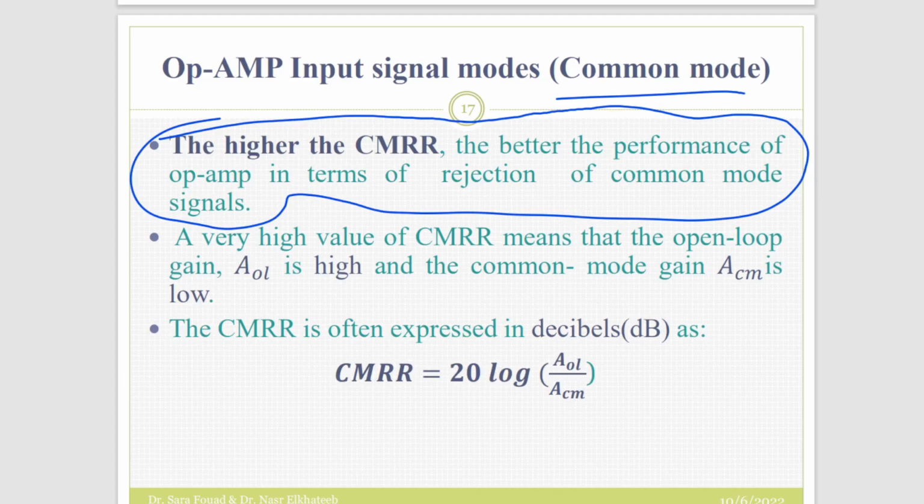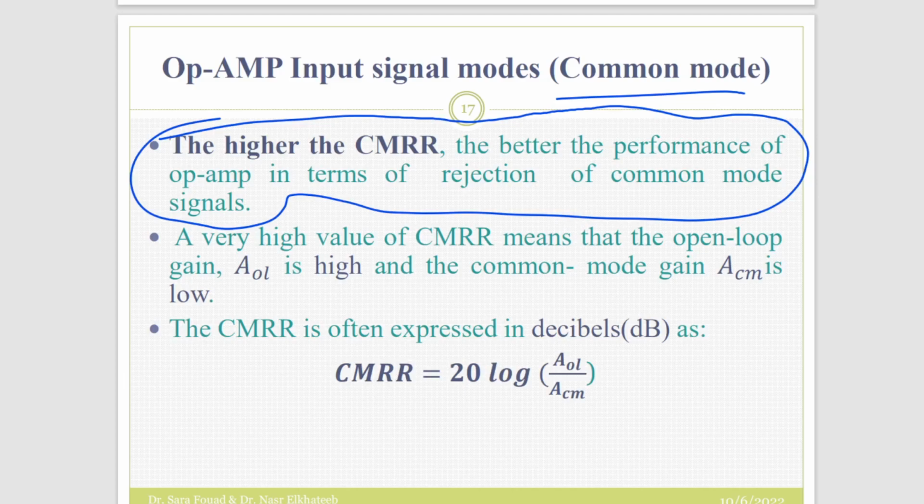So if the common mode rejection ratio, the open loop gain divided by the common mode gain, is a high value, that means this operational amplifier has better performance in terms of the rejection of the noise.